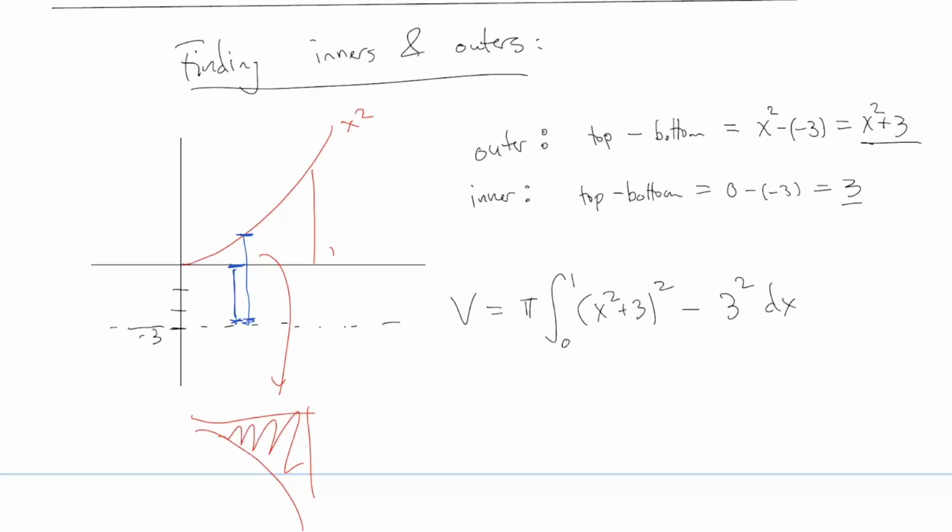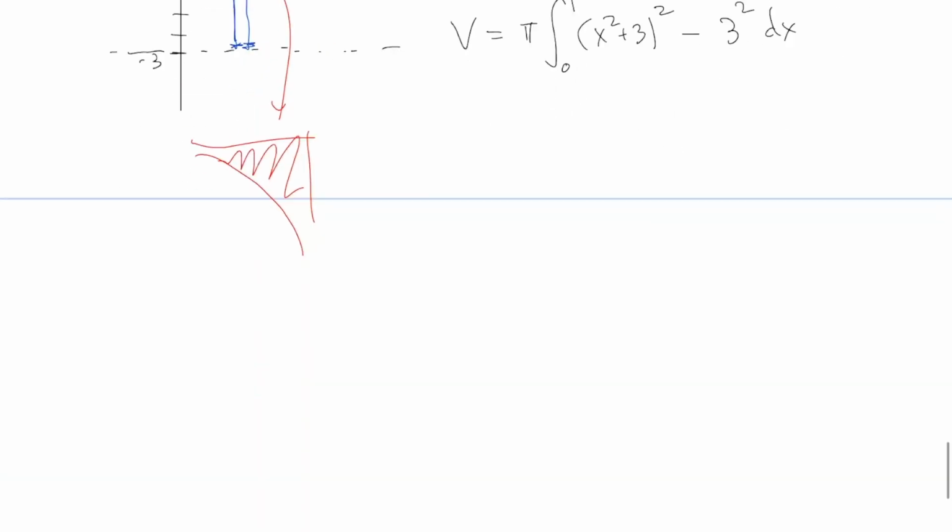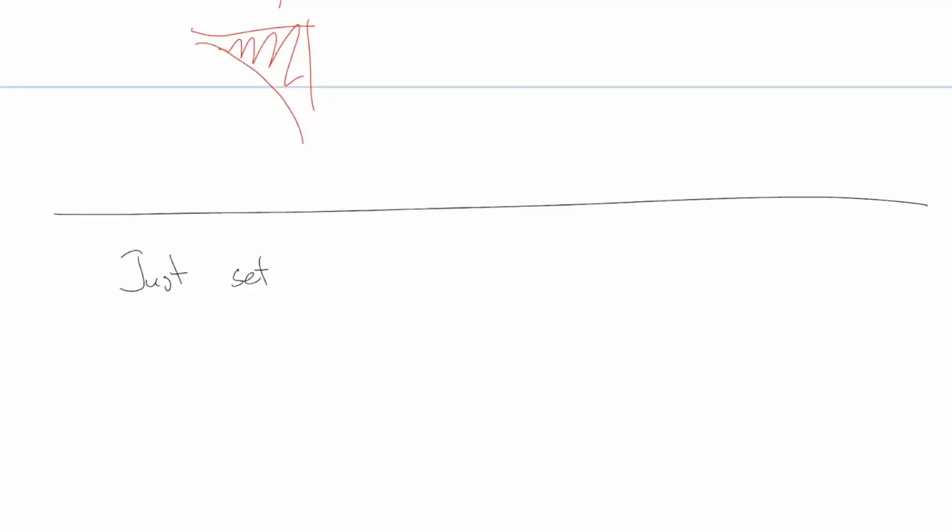Any questions about that? I have several of these for you to try. And your job, so I'm going to give you four. Yeah, 4 of them. Your job is just to set it up. You don't have to do the whole integral. But let's see if you can just set up the integral.